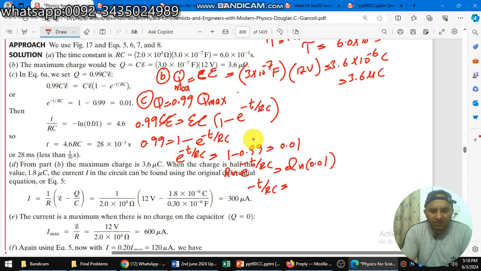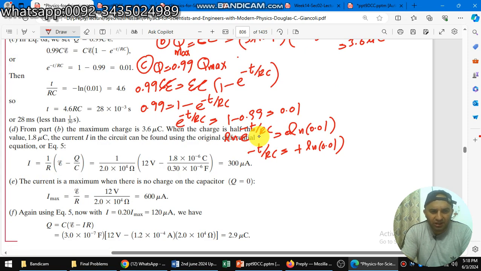If we take this negative to the other side, we get t over RC is equal to minus log of 0.01. So this will give us t over RC is equal to 4.6. So t is equal to 4.6 into RC.